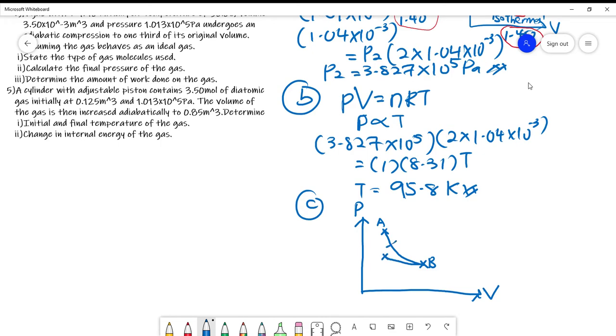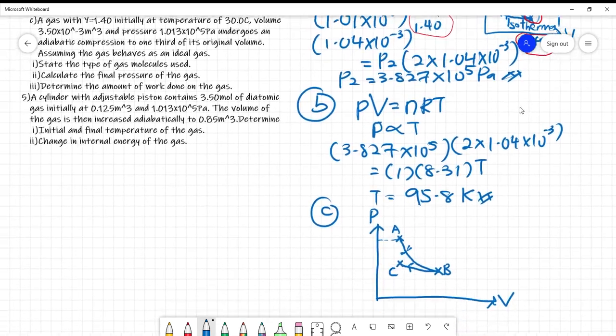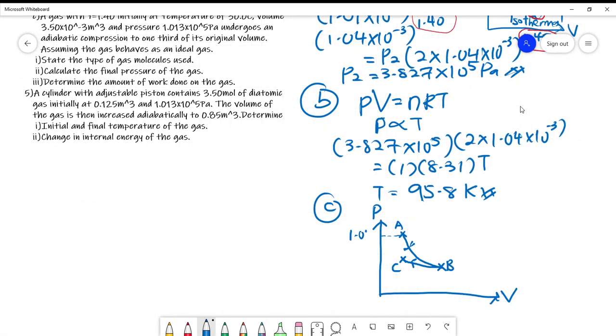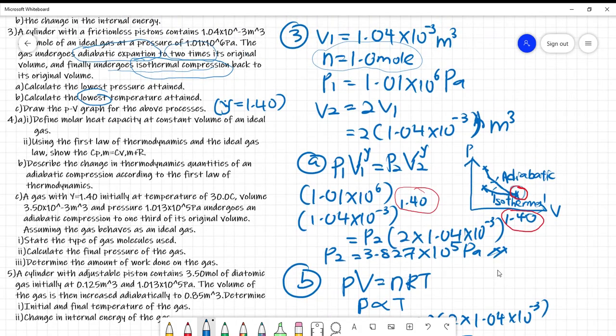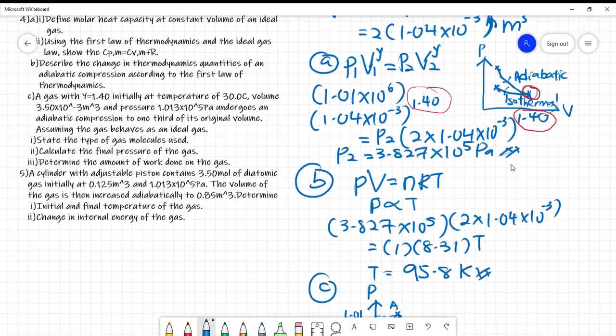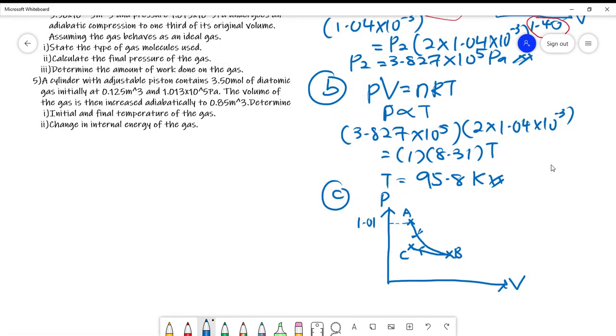Okay, so my initial pressure is 1.01. Is it all the pressure times 10 to the power of 6? No, this one should be the 5. So what I need to do is just write down times 10 to the power of 6.